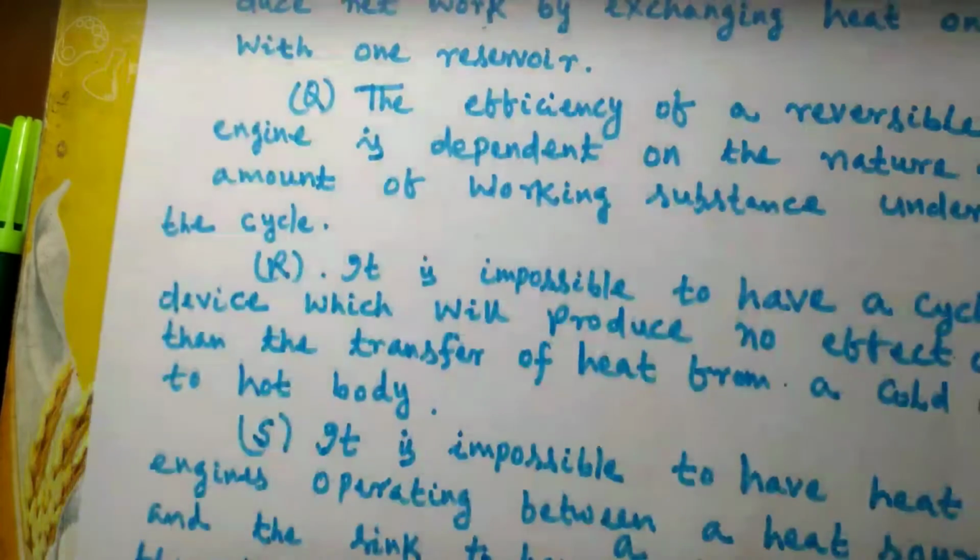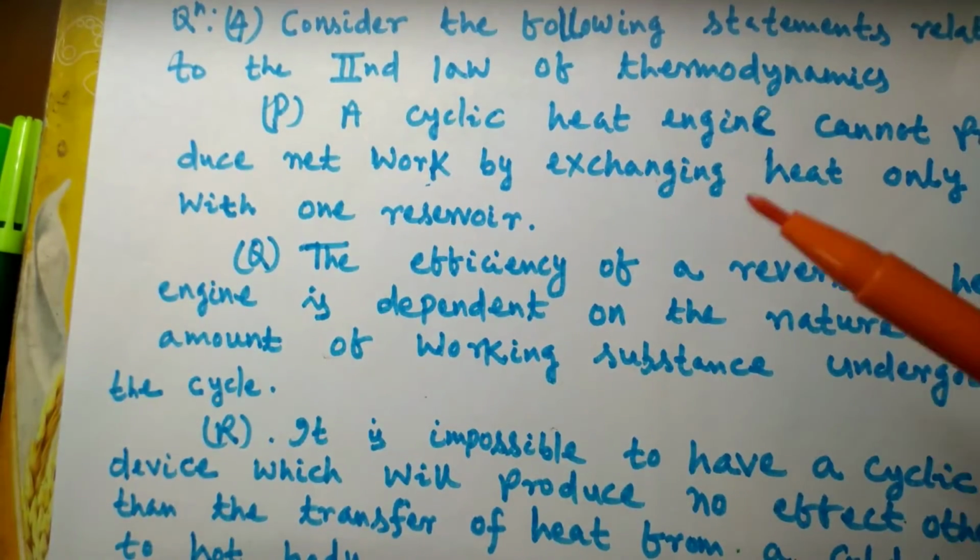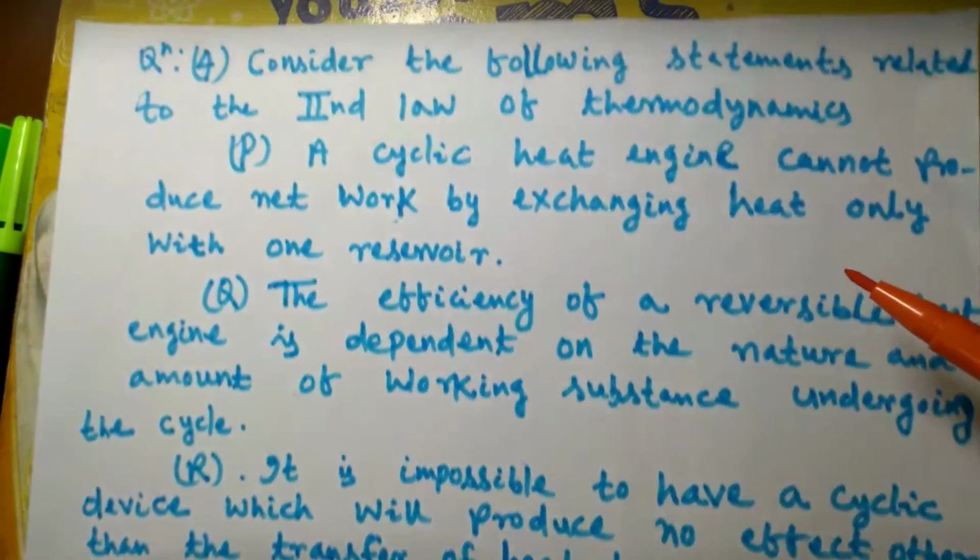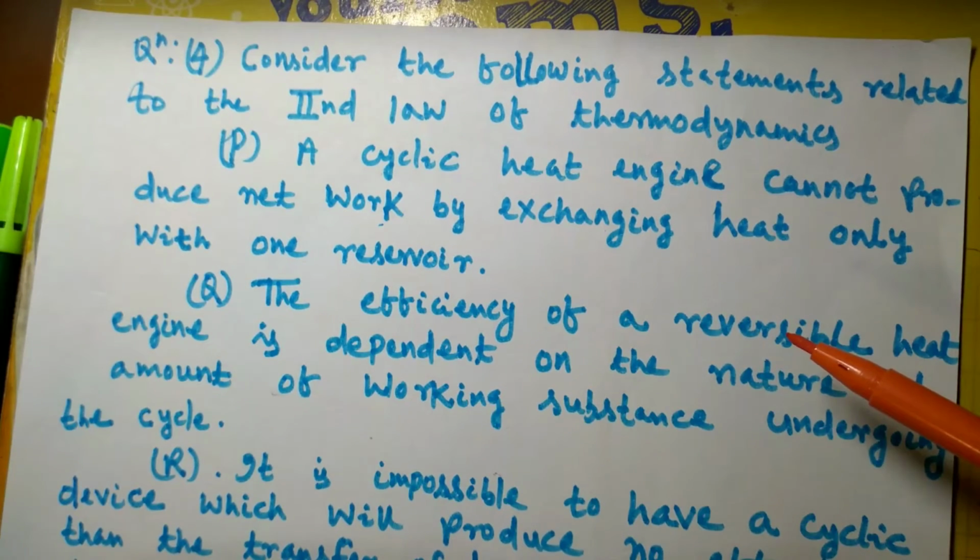Out of the four given statements, first we will find out which statements are consistent with the second law of thermodynamics, and we have to find out which statements are inconsistent.